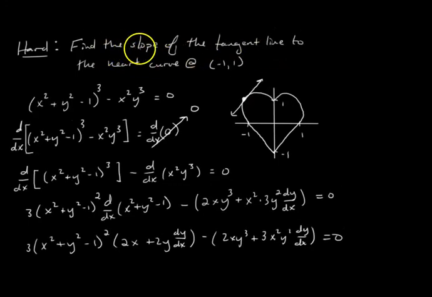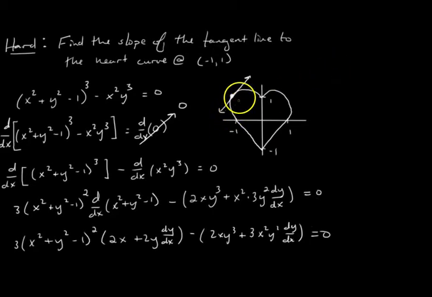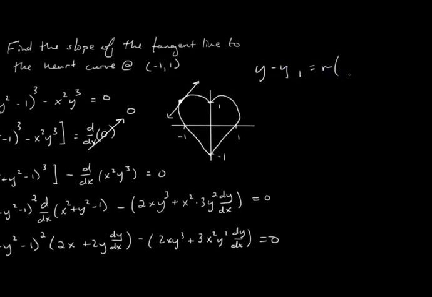And then maybe the question's worded a little different. Maybe it says, instead of find the slope of the tangent line, what if it just said find an equation for the tangent line? Well, then you have to reach back into your Algebra 2 toolkit. Maybe Algebra 1? I'm not sure. But use like point slope form or something. So if you wanted to find the actual equation for this tangent line, you could do what? y minus y1 equals m times x minus x1.